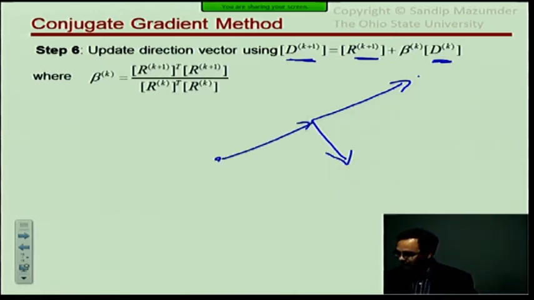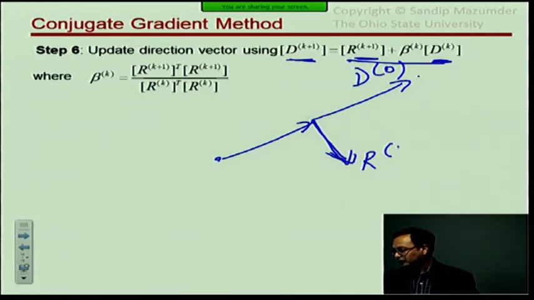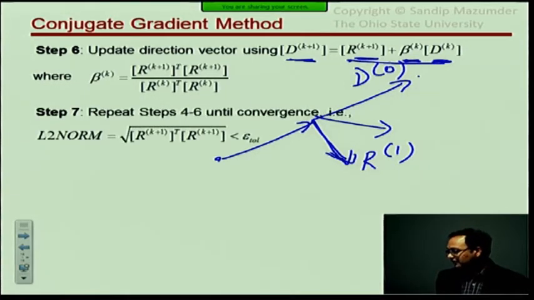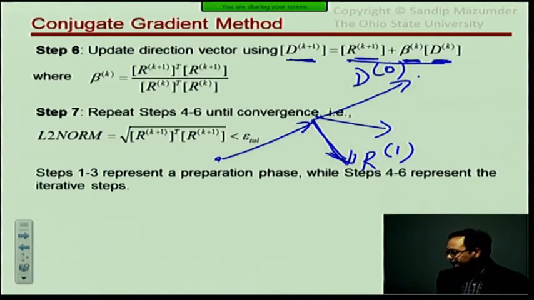What this is doing is, it's doing a linear combination of this guy, d at 0, and r at 1, to give me something in between, where beta is just a combination factor. Okay, that combination factor is determined by enforcing that A orthogonality that I talked about. Okay, there's a lot of math that goes into that, but that's what ultimately you end up getting for beta.